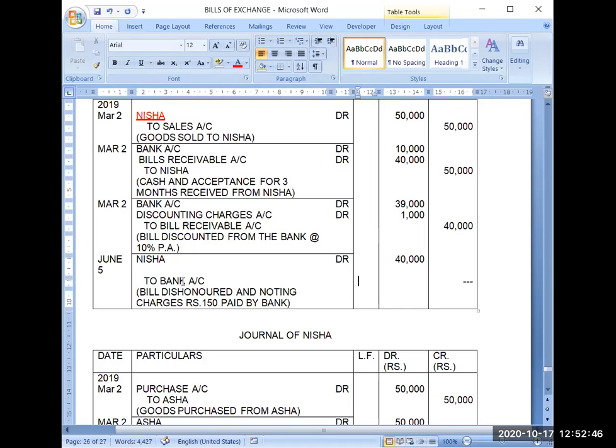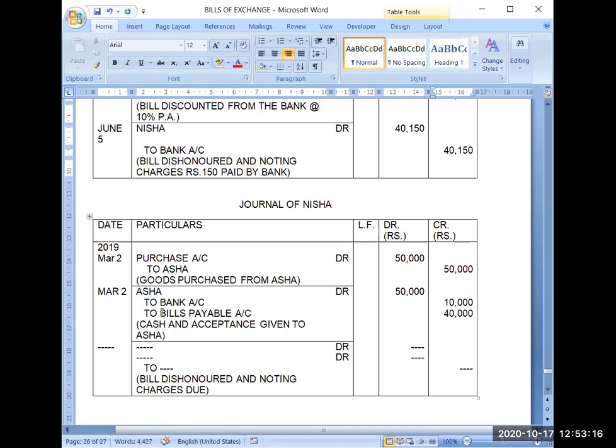So that's why my bank balance will reduce by 40,000. But question is saying that you have paid rupees 150 as noting charges also. So you will recover that 150 from Nisha, and you will also pay bank 150 more. That will be the journal entry.